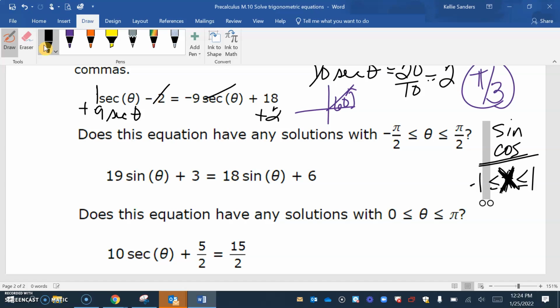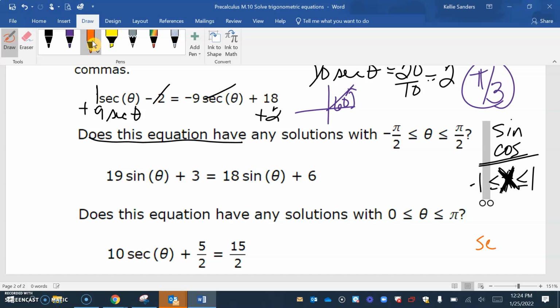I could explain all this to you, but you're not going to remember it. So if our answer is between -1 and 1, then your answer is going to be yes.